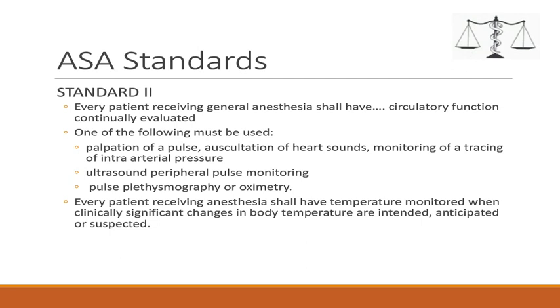Pulse oximeters today, I believe, have a tracing of the pulse trace on the monitor, and we use that to monitor circulation. And patients in whom we expect or intend to have a significant change in temperature have to have the temperature monitored.